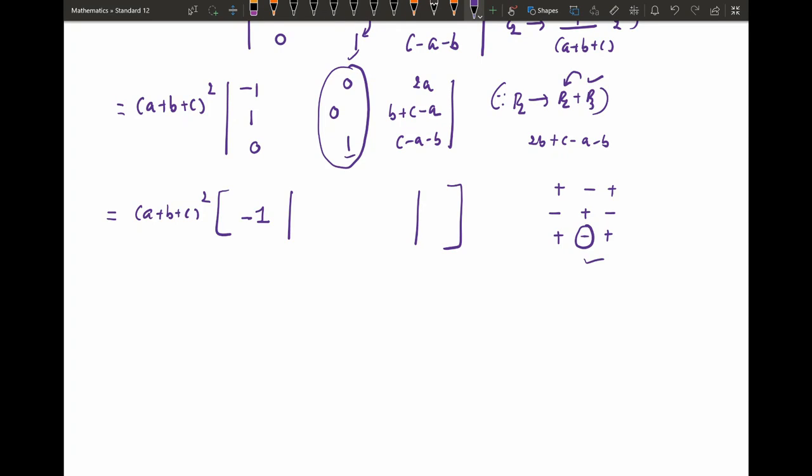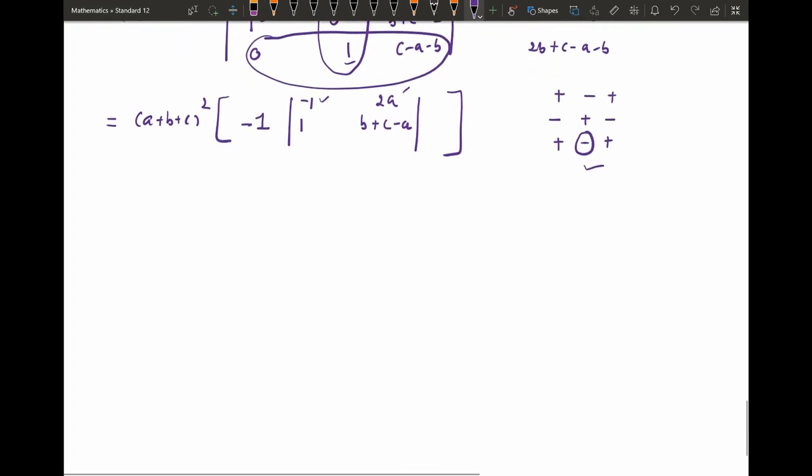Now leave the row and column in which this entry lies, remaining will form 2 by 2 determinant: minus 1, 2A, 1, B plus C minus A. So this is the expansion using second column. Leave the column and row in which this entry 1 lies. Remaining will form 2 by 2 determinant: minus 1, 2A, 1, B plus C minus A.